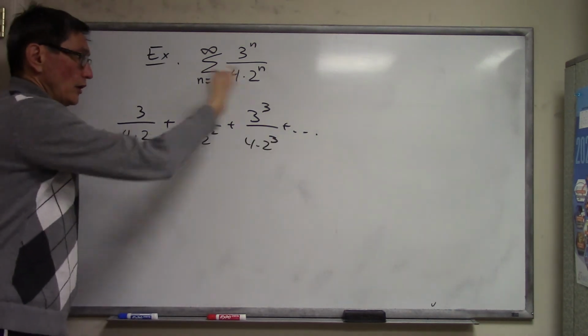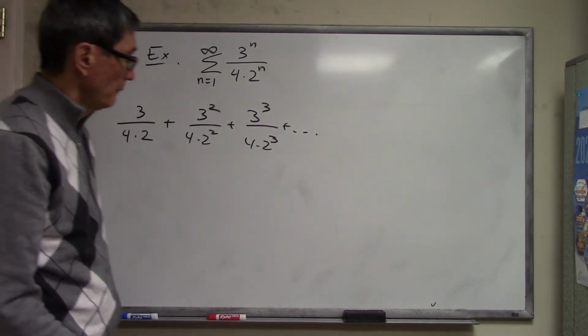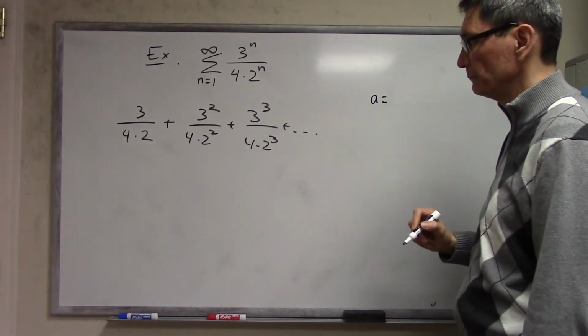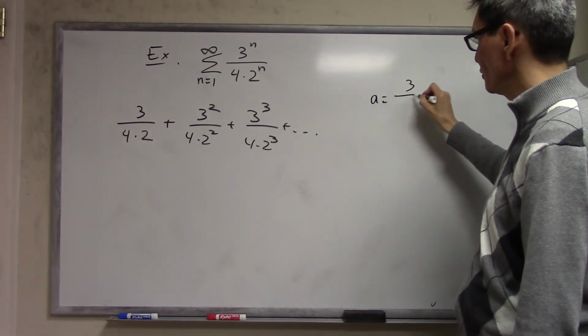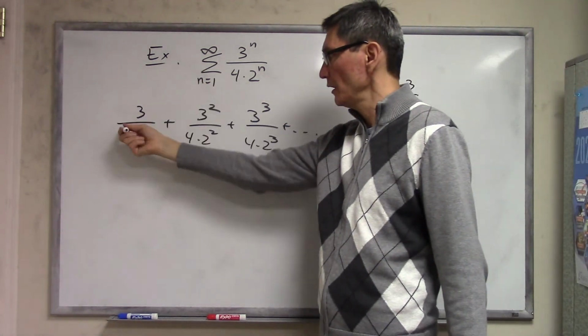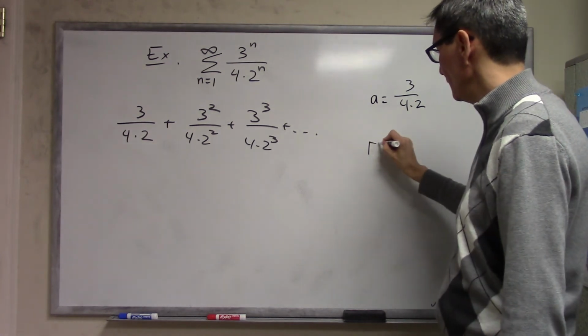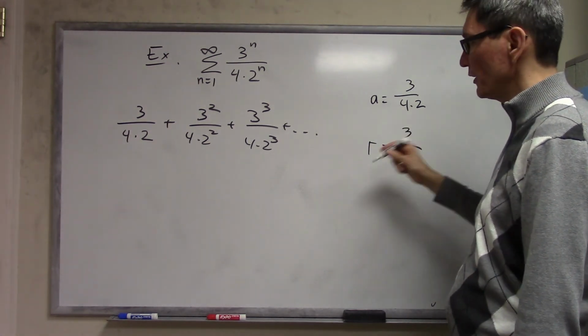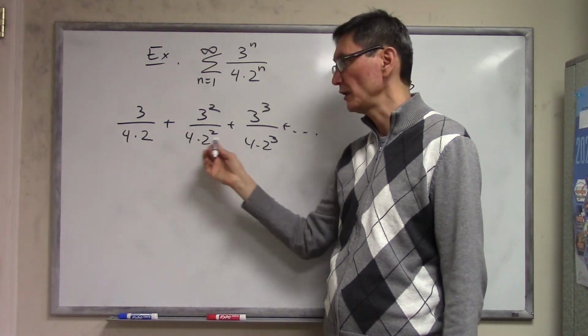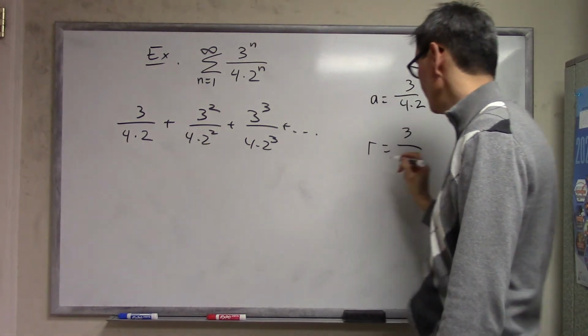And if you look now at that expanded notation, it's kind of obvious that it's a geometric series, but the initial term is 3 over 4 times 2. And you realize that to get r, we keep multiplying the numerator by 3, giving 3 squared, 3 cubed, and we multiply the denominator by an extra 2.